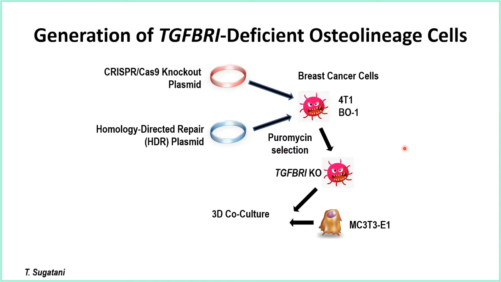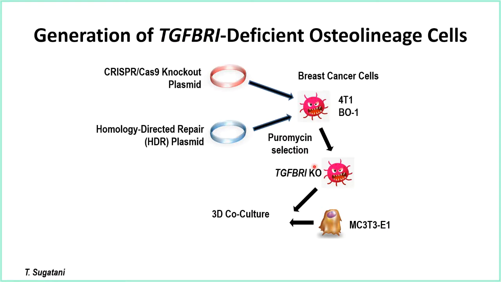So to test whether TGF-β is in fact important in the pro-tumorigenic effect of osteogenic cells, we created another set of cell lines using the same CRISPR-Cas9 system to generate breast cancer cell lines lacking the TGF-β receptor 1, which is one of the most important components of the heterodimers that transduce the signal from BMP and TGF-β. And TGF-β receptor 1 seems to be specific for TGF-β more than for activins or BMPs.